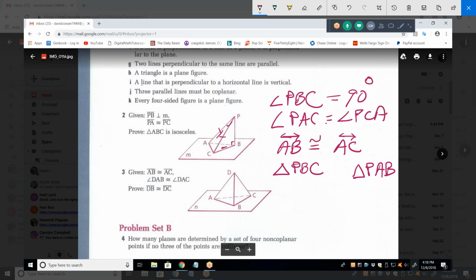Can you picture the two triangles that I'm talking about? PAB is the one with the dotted line. That's the back side of that figure. PBC is the side that we're looking at, the front side, this side right here. Are those congruent?